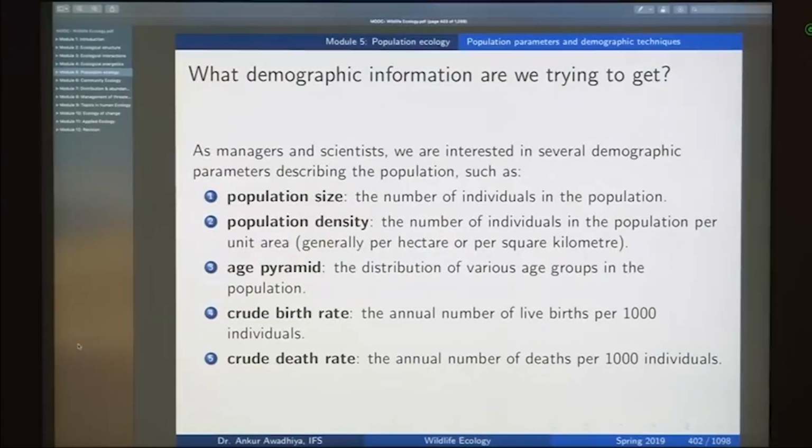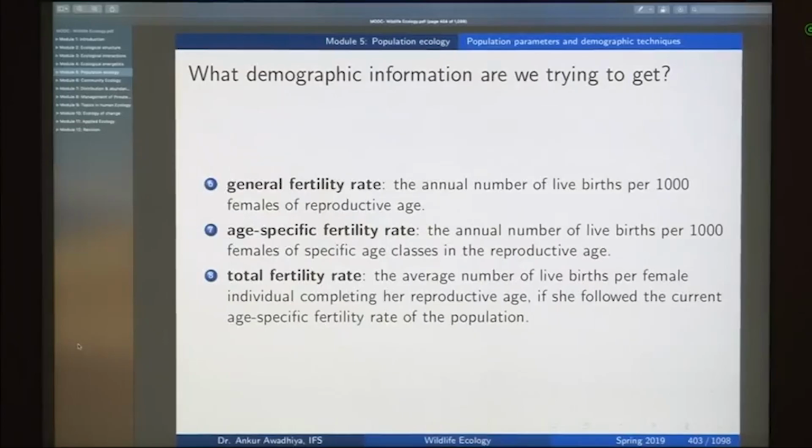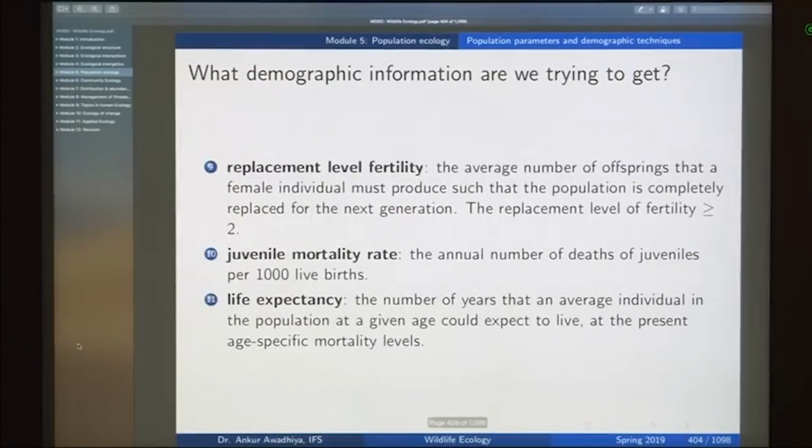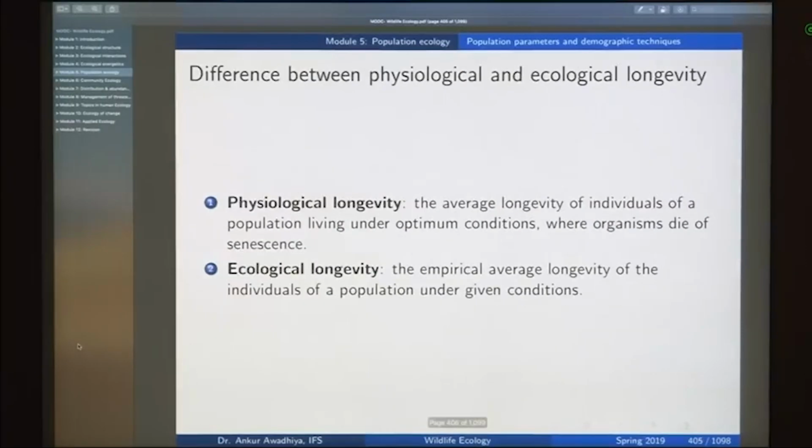The other things that we want are age pyramid, crude birth rate, crude death rate. So, all these definitions are important here. The general fertility rate, age specific fertility rate, total fertility rate, replacement level fertility, juvenile mortality, infant mortality and life expectancy. And in the case of life expectancy, we divide it into physiological longevity, that is the life of an individual if it is free of any predation pressure and is living under optimum conditions.